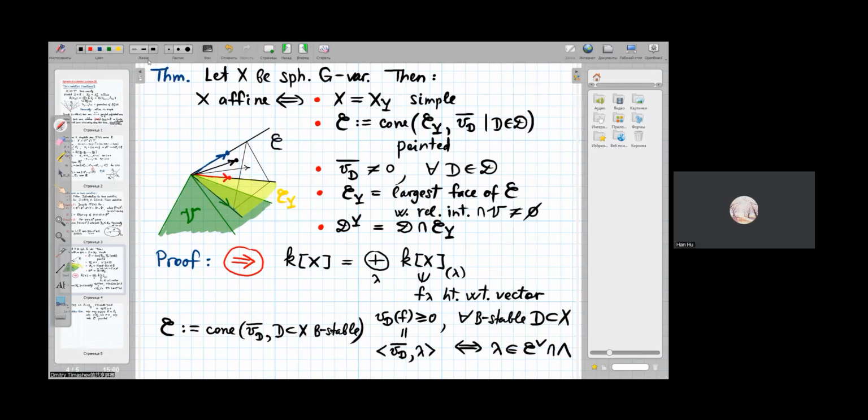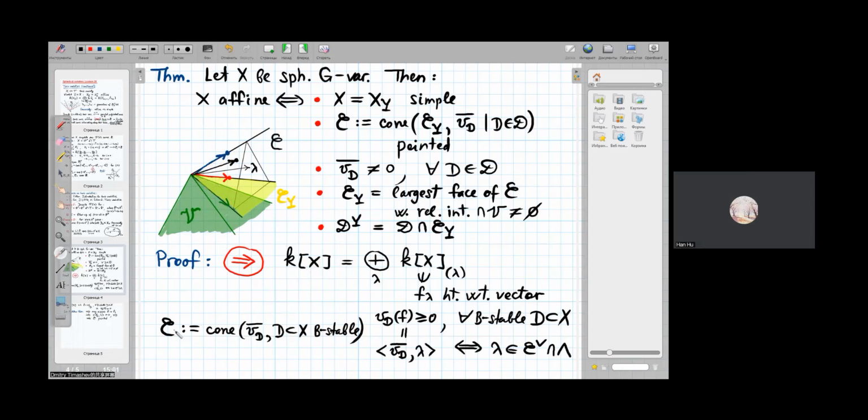This will be my lambda, such that this linear function given by this vector in the dual vector space takes positive values on all generators of the cone C. So you consider, of course, all colors, because all colors are among these divisors, and also G-stable prime divisors, for instance, the one given by this vector.